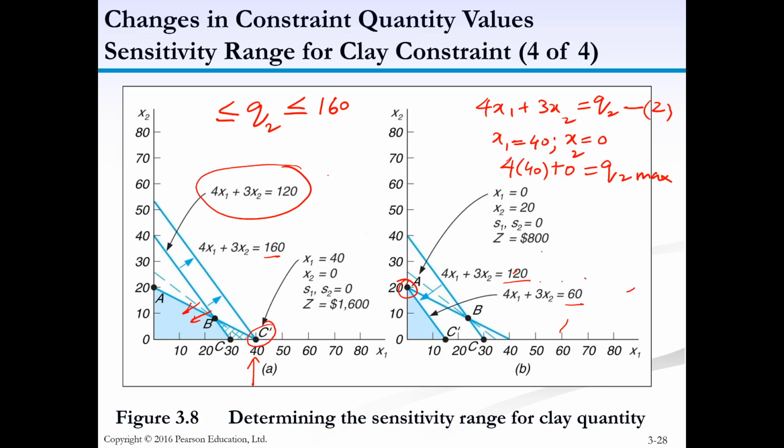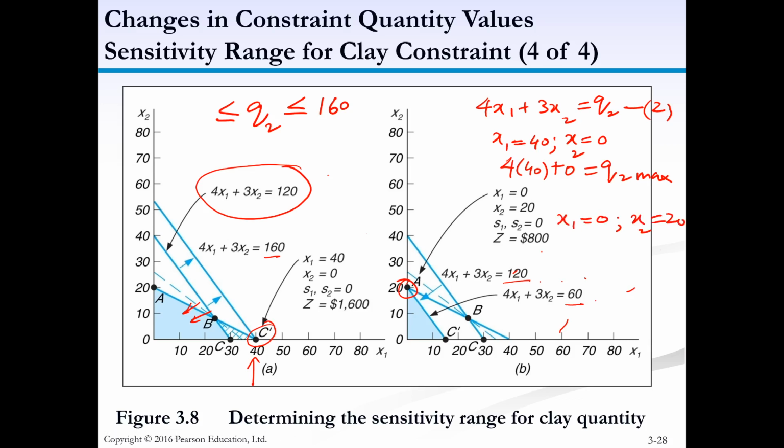and the lower range will be, when we change downward, we see that the point has moved from B to A, which has x1 equal to 0 and x2 equal to 20.